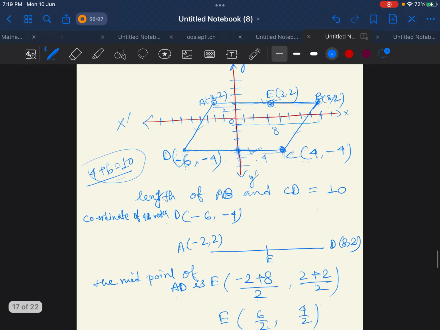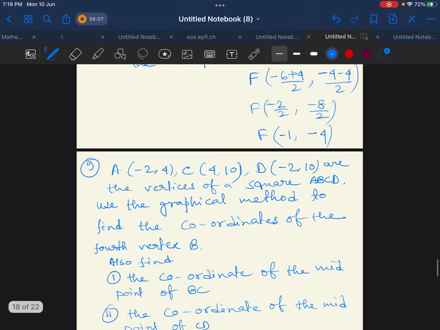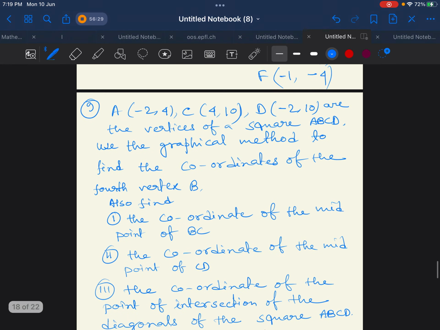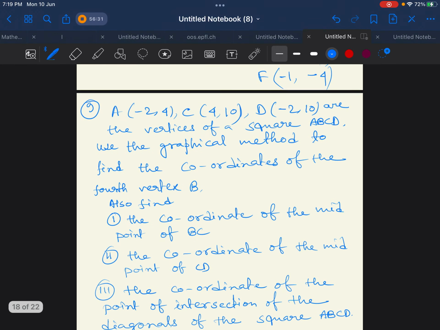So this is minus 1, minus 4. So this point is minus 1 and, counting 1 2 3 4, minus 4. This is the point, the middle point of the line CD. Okay.